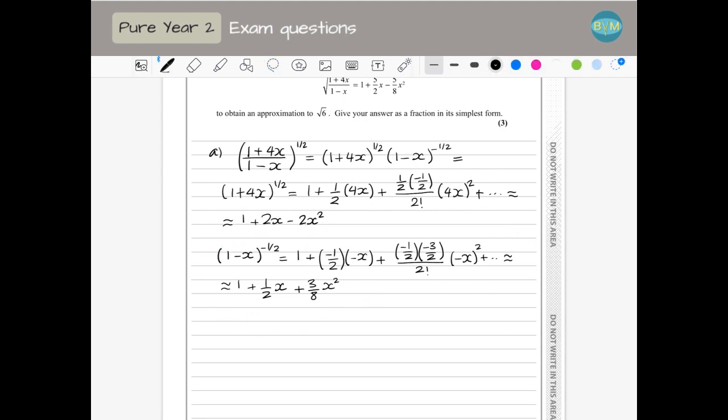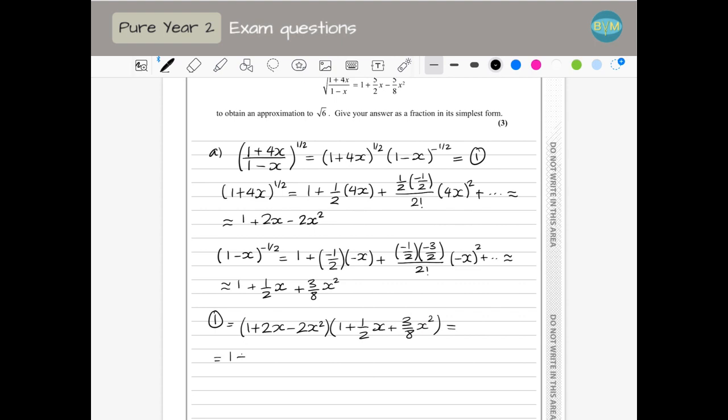And now I'm going to multiply. So the first bracket is 1 plus 2x minus 2x squared, and the second bracket is 1 plus 1/2 x plus 3/8 x squared. Again, I just need to get up to x squared, so I'm going to start multiplying this one by all that.